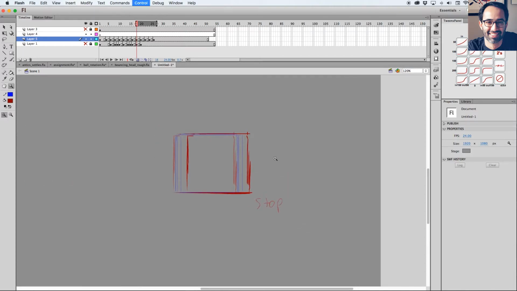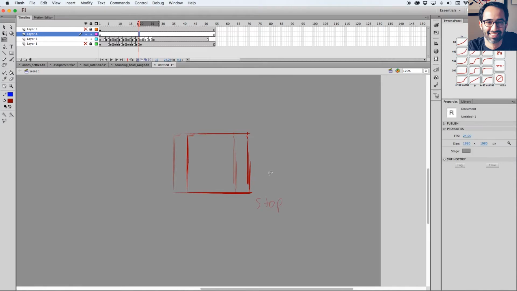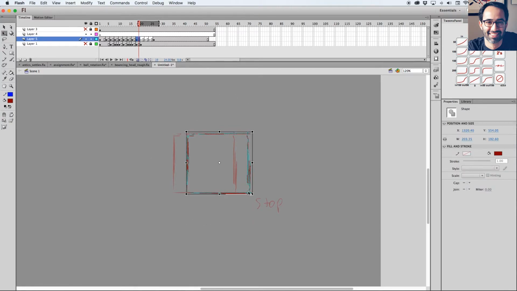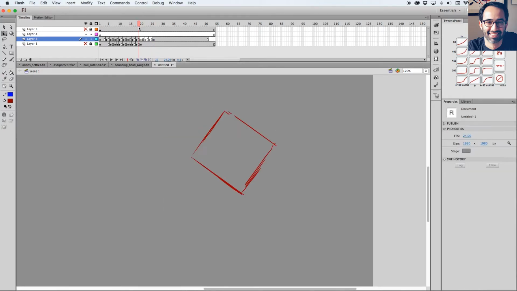So if I don't want my overshoot to be just a pose that is past the stop point, I can have a different kind of overshoot. So I go from there to there.